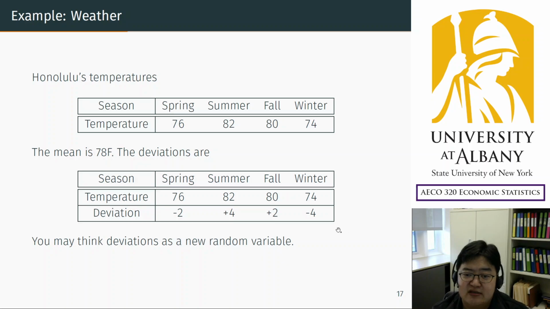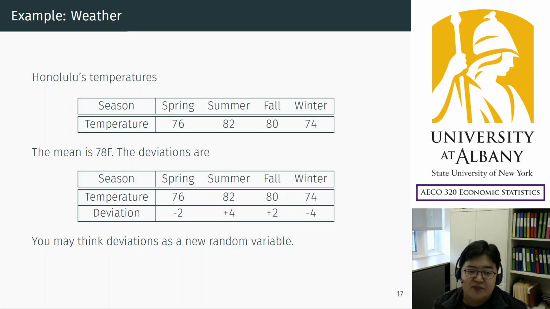And of course, again, the data are fake, made-up numbers. So 76 when you visited Honolulu in spring, 82 in summer, 80 in fall, and 74 in winter. So you have four observations of Honolulu's temperatures.